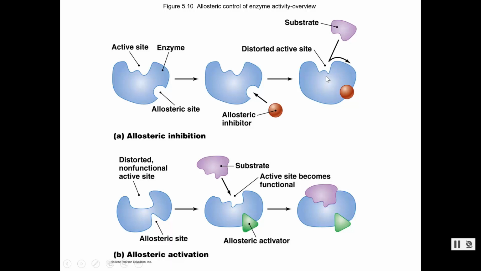You can see that represented in this picture there. So an allosteric inhibitor has changed the shape of the active site. Because it's considered an inhibitor, it's going to inhibit the active site. It's going to stop the active site. So in this case, this has shut down this enzyme's ability to work. It has a distorted active site. The substrate doesn't bind to it anymore. So this is considered an allosteric inhibitor.